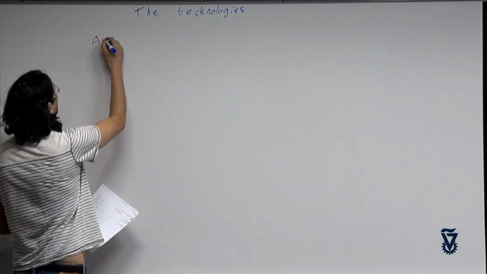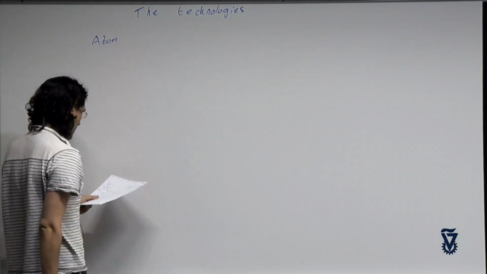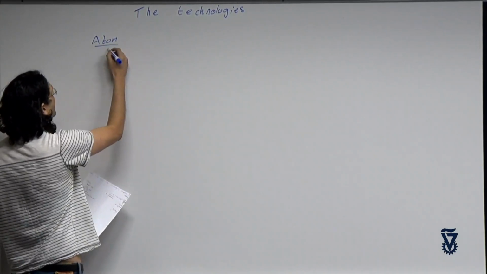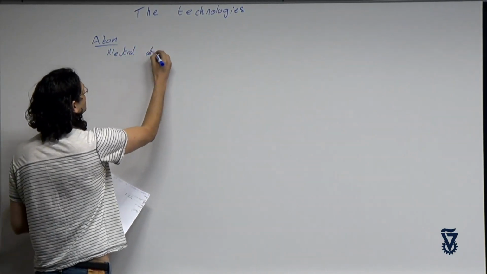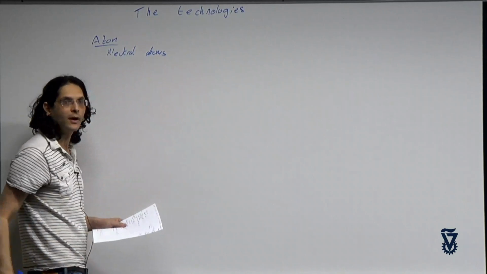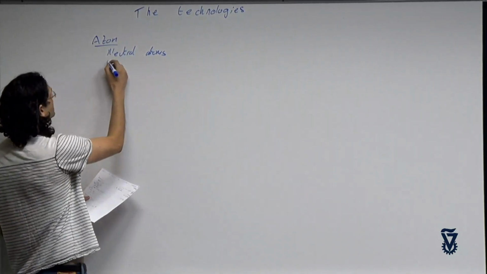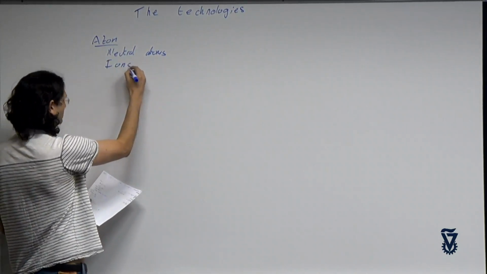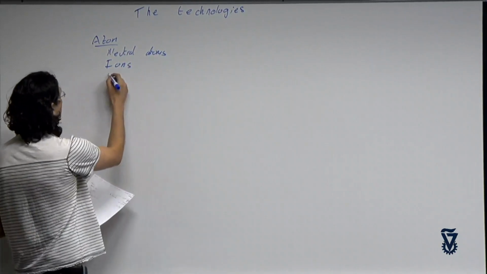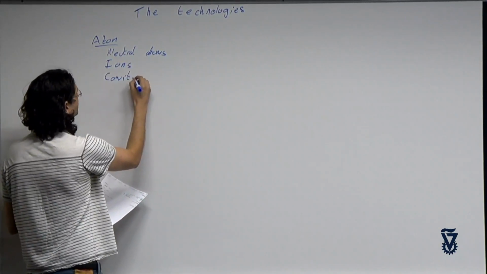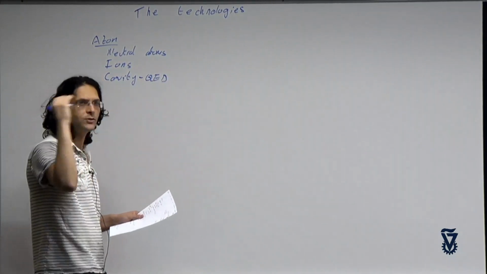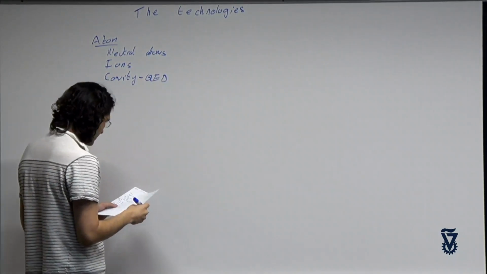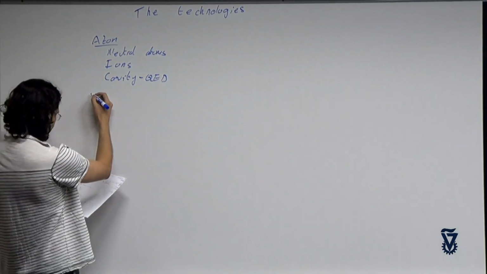example, there's atoms, and atoms, they will have neutral atoms, ions. There's cavity QED. That's all those Rydberg atoms, what I was talking about when you send them through a cavity, and so on.